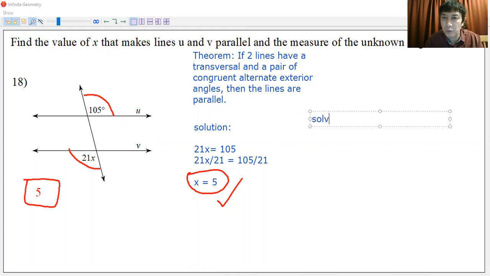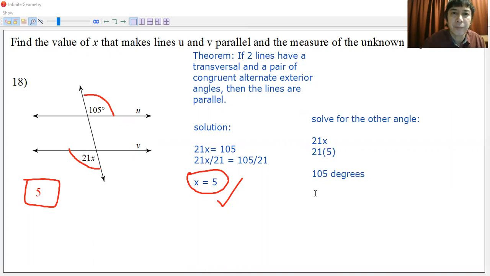So we will just solve for the other angle. And so we have 21x. This means 21 times the x. That's 5. 21 times 5 is 105. So our angle is 105 degrees. Okay, so that's correct. They are both 105 degrees.